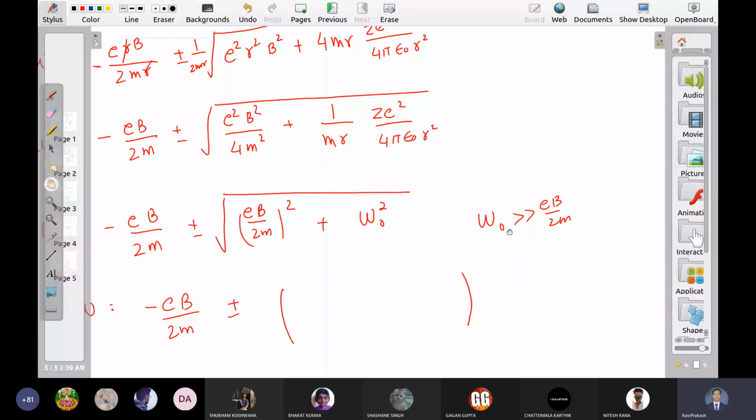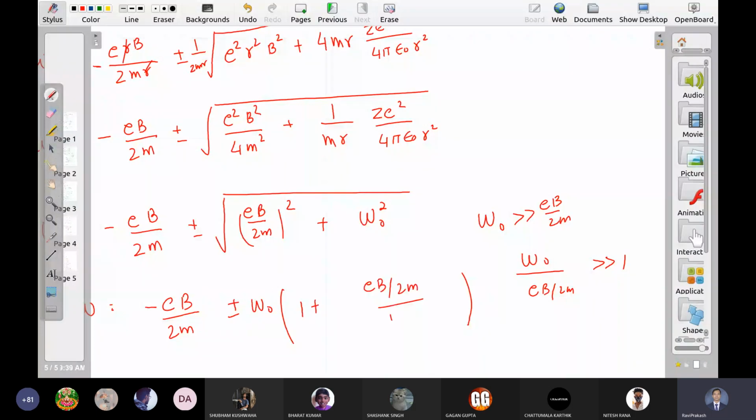It means that omega naught upon eB upon 2m is greater than 1. So we are going to write like this: omega naught times 1 plus eB upon 2m divided by omega naught square, to the power half.